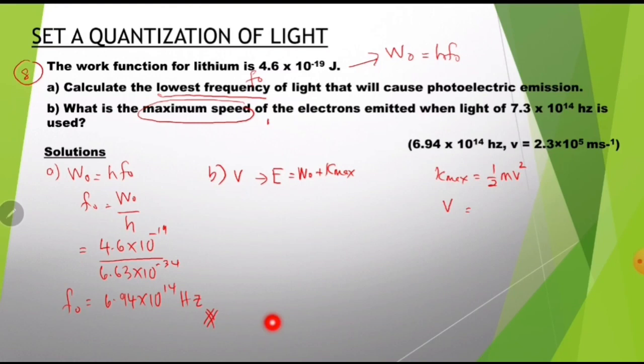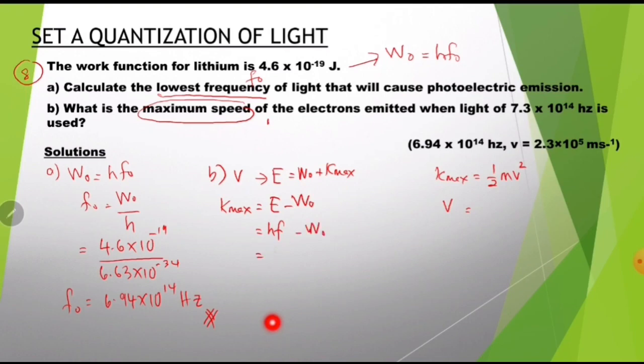But before that, we have to find the value of K max, which equals E minus W naught. E equals h f, so E we already have. We have to calculate first, then minus W naught.